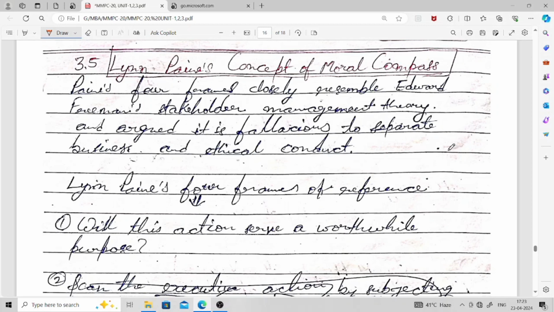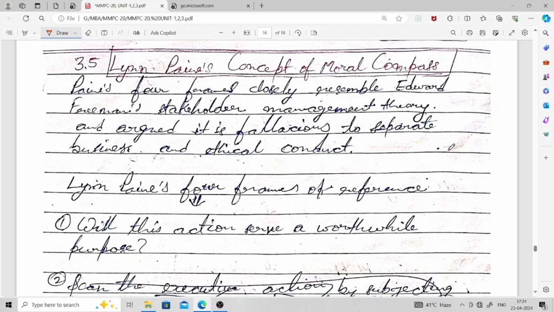Payne's four frames closely resemble Edward Freeman's stakeholder management theory.